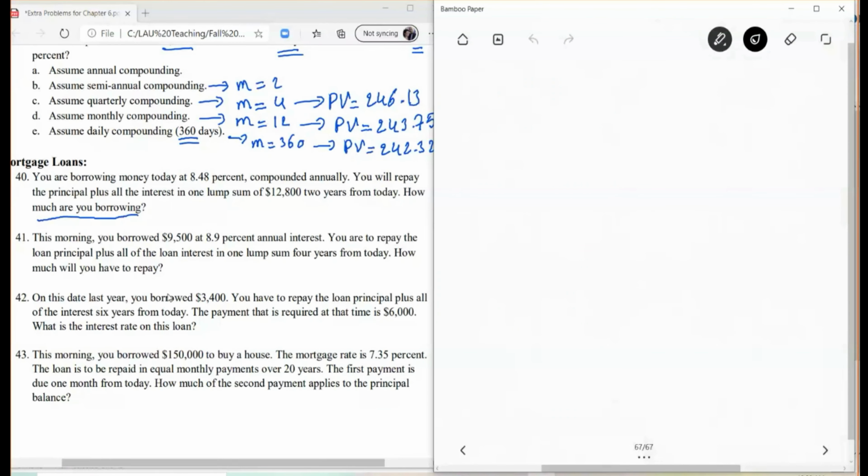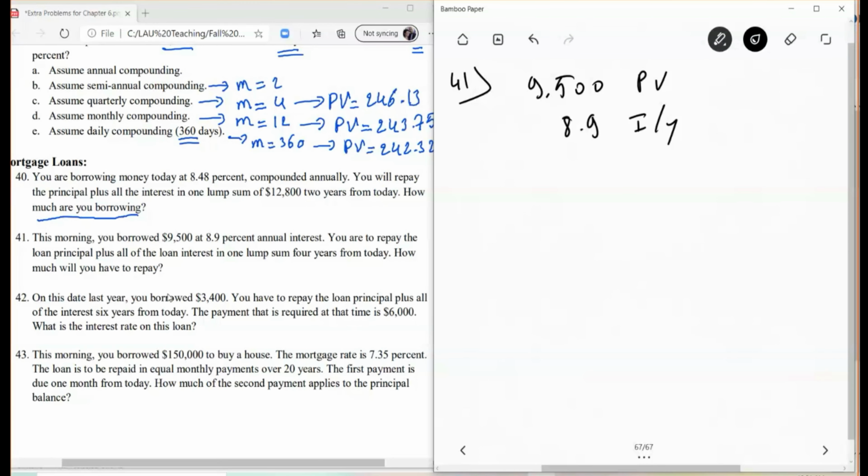Now problem number 41. This morning you borrowed $9,500. So this is the amount of the loan, $9,500, this is PV, at 8.9% annual interest. So 8.9, this is I/Y.